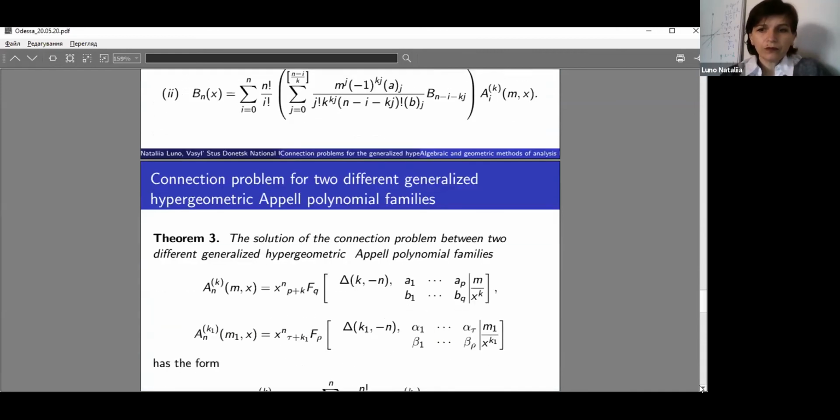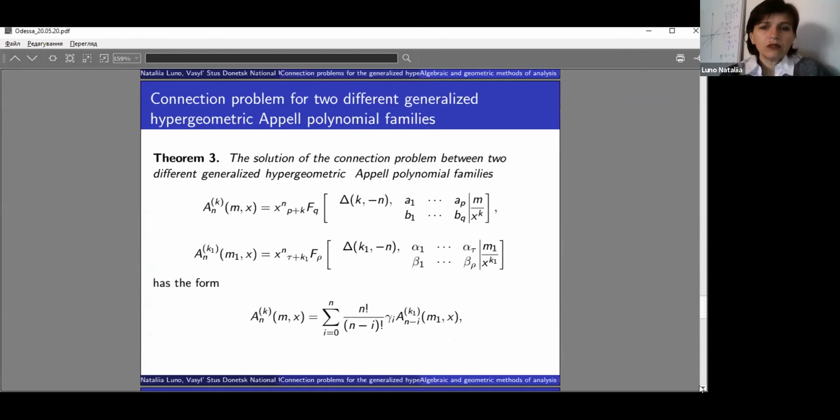Also we derived the solution of the connection problem between two different generalized hypergeometric polynomial families.